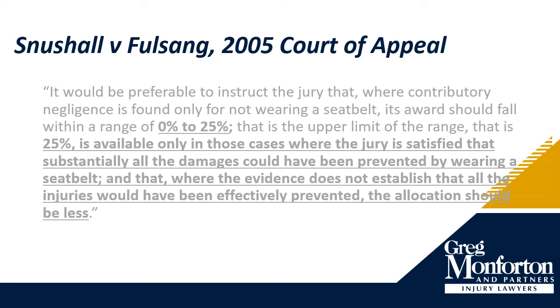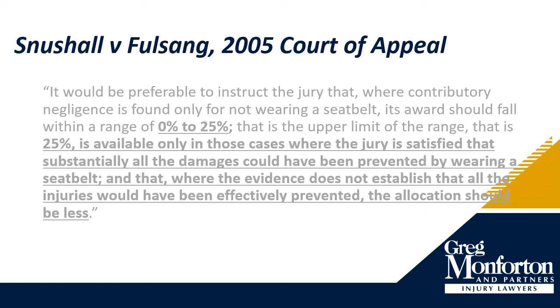That is, the upper limit of the range, that is 25%, is only available in those cases where the jury is satisfied that substantially all the damages could have been prevented by wearing a seatbelt. So for an amount of 25% to be assessed against a plaintiff, the evidence must be clear that substantially all of the damages could have been prevented by wearing a seatbelt.